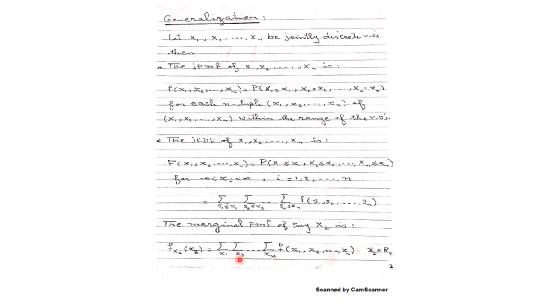The first one over x1, then x3, so I drop the x2. Okay, and then the next one will be x4, x5 up to xn. So that means to get the marginal for a specific variable, sum over all other variables. What do you sum? You sum the joint PMF, and then you have to attach the domain for this variable. This is x2, and we assume that its domain or its support is what? R2.